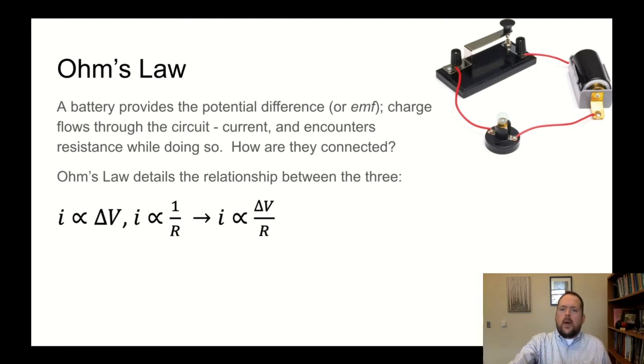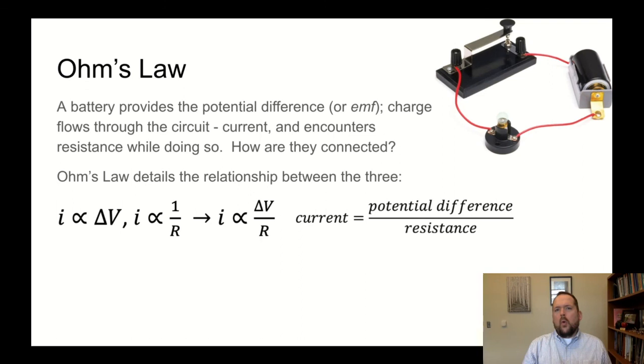As we showed in lab, you can work out what the proportionality constant is that makes that equals, not just proportional, and it turns out that is just 1, the number 1, and so from that we can say that current is potential difference divided by resistance, or I is delta V over R.